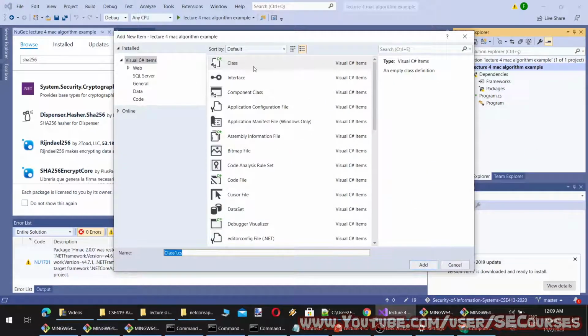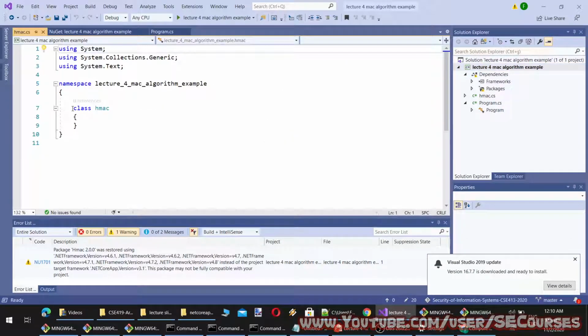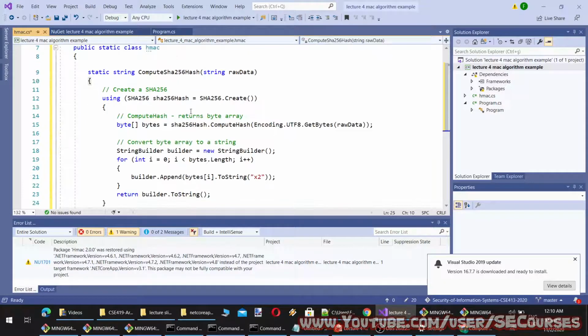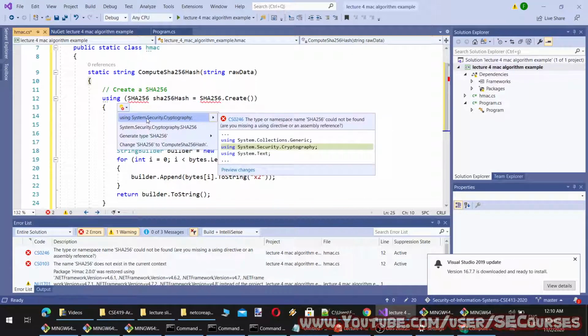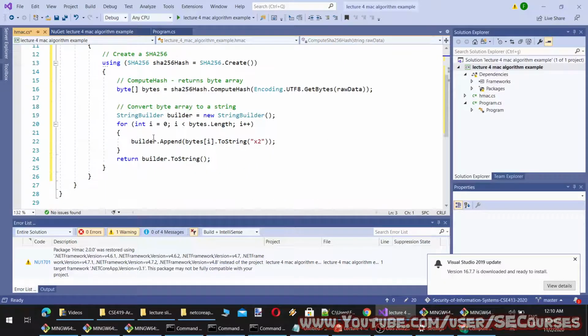I'm not going to use the other installed thing, and I'm going to name it Hmac. So this will be a public static class Hmac, and then I'm going to add a static string ComputeHash. To use that, I need to add the System.Security.Cryptography library here.